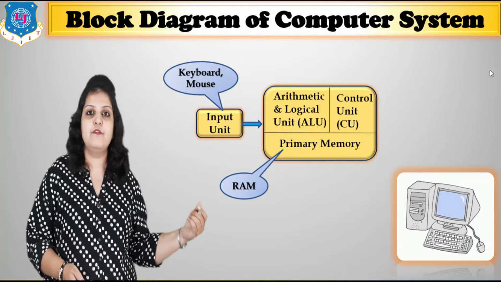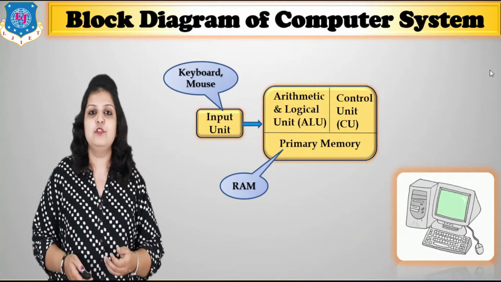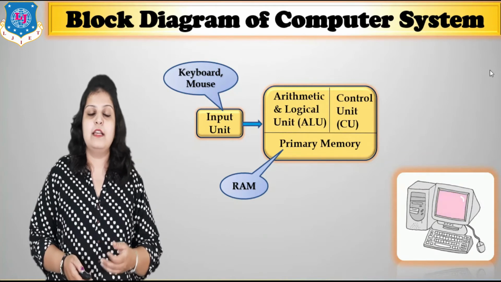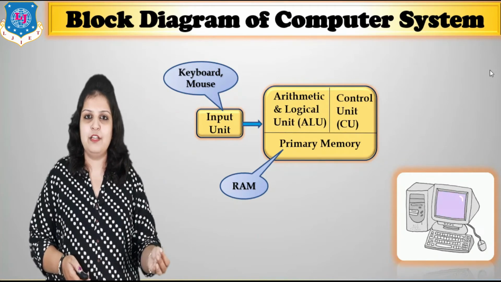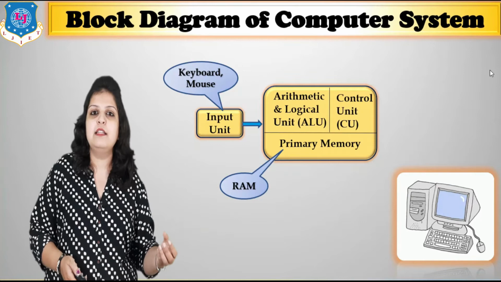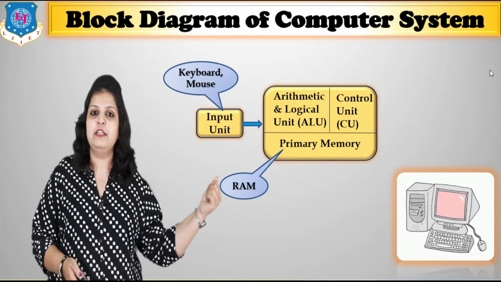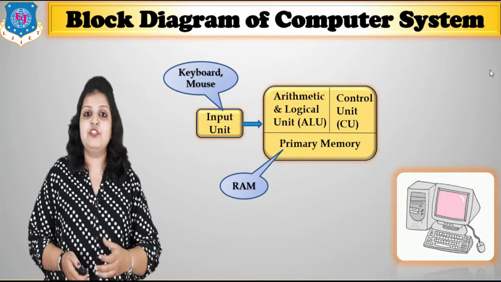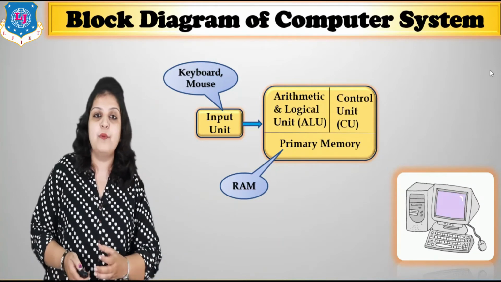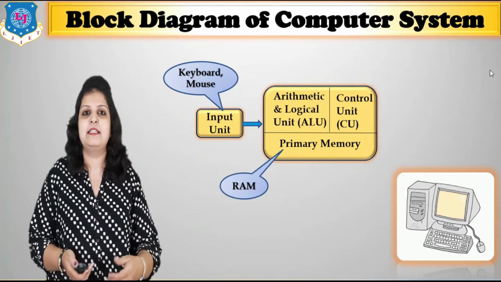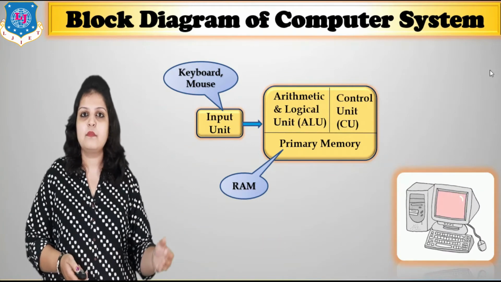What is the function of ALU? ALU is used for different arithmetic and logic operations like addition, subtraction, multiplication, division. That all are the operations performed by ALU. And what is control unit? A control unit manage all the different major components like input unit, output unit, memory, or any external devices.